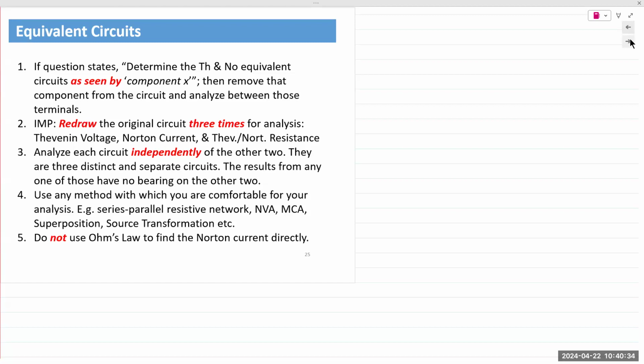If the terminals of analysis are not given, and if the question states, find the Thevenin or Norton circuits as seen by a particular component, then you remove that component from your analysis.